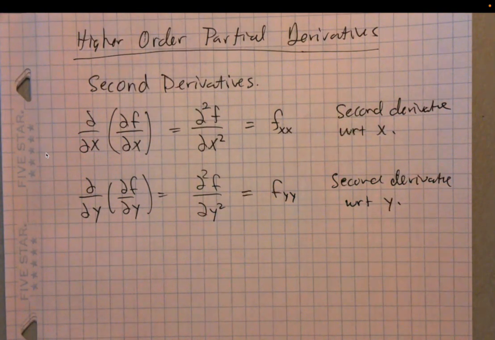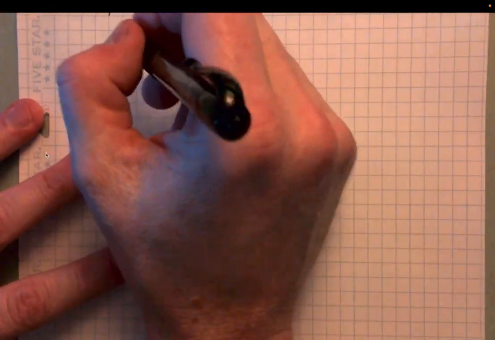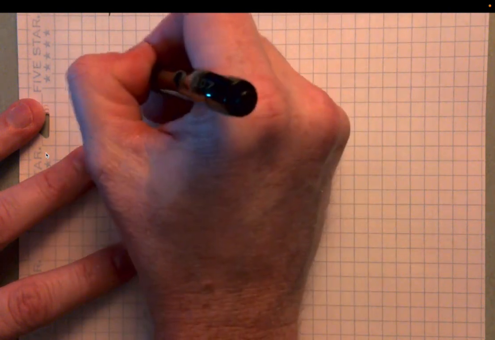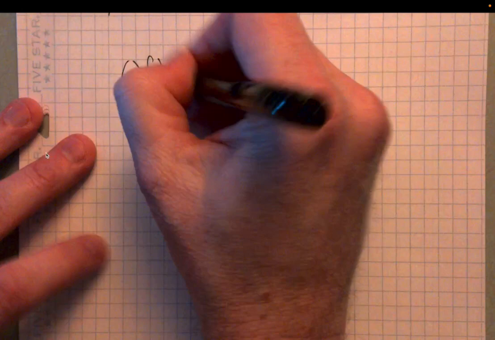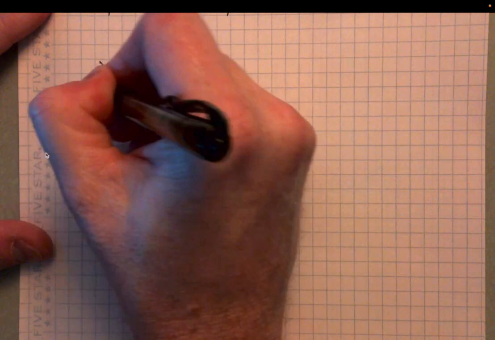Now, what's different here is that you can get what's called a mixed partial derivative. What does this amount to? Well, say you start with the partial derivative of f with respect to y, and you get some function. You then take the partial derivative of that with respect to x.